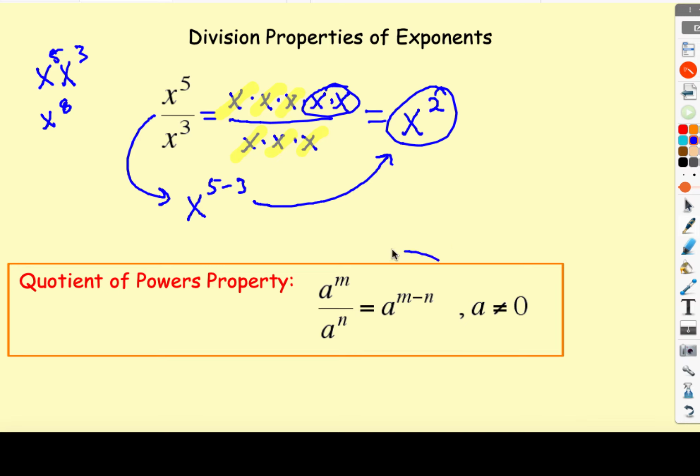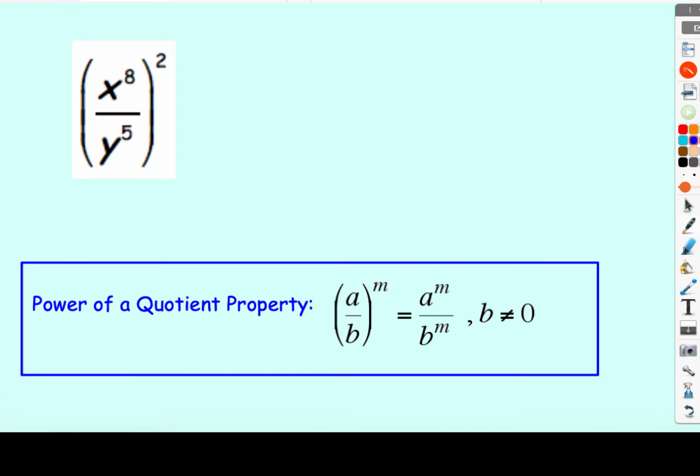So that's the idea of this property down here at the bottom. If we're dividing with equal bases, subtract your exponents. We also have a property that says if there's multiple things, a whole fraction to a power, similar to multiplying, we can just apply this outside power to both parts. And that's what it's showing you down here at the bottom.